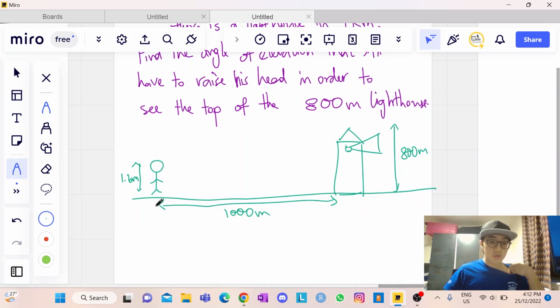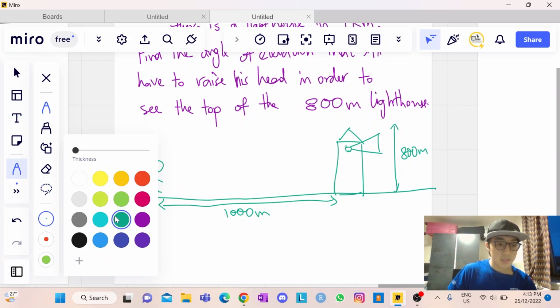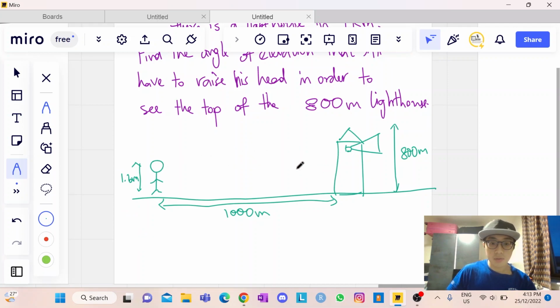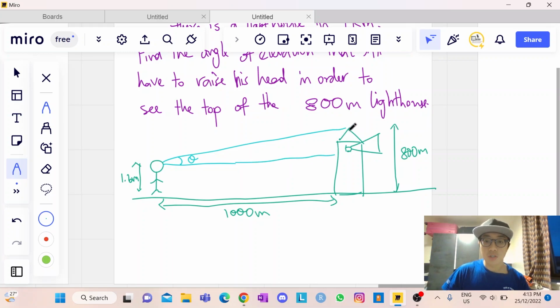However, there's something you need to remember: Ali is 1.6 meters tall. So from eye level, he needs to look at the top, so this will be the angle of elevation. If you extend this eye level, it will form a right angle triangle. This is how you can use cah soh toa in solving angle of elevation.